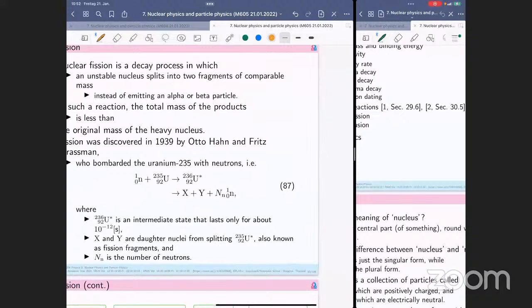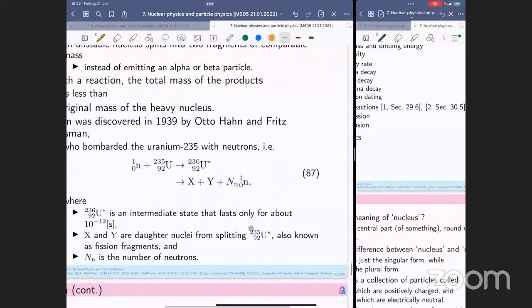Uranium. This one should be 236, not 235. I'm stupid. It needs to be number 6, not 5. 236 is an intermediate state. It's in the excited state.